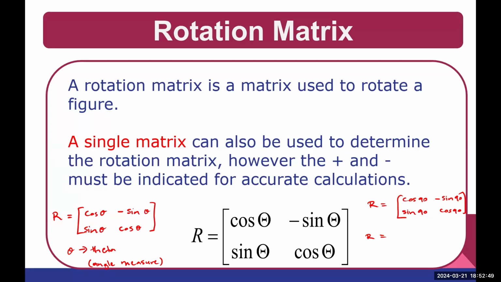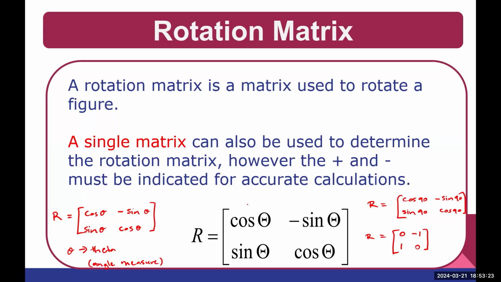Cos 90 is 0, so let's fill in 0 where we have cos 90. What about the sine 90 and negative sine 90? Sine 90 is 1. So negative sine 90 is negative 1, sir.